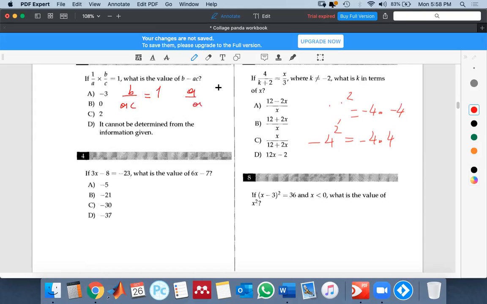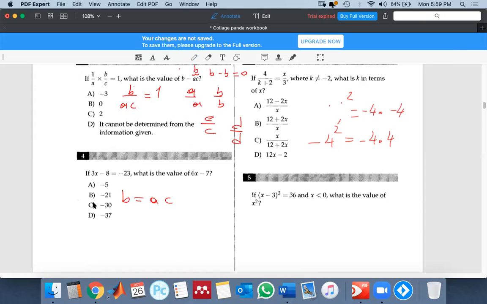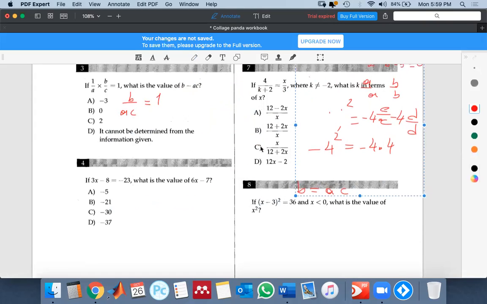A over A is 1, B over B is 1, C over C is 1. That means B is equal to AC. If B is equal to AC, instead of AC you can say B. So B minus B is 0.